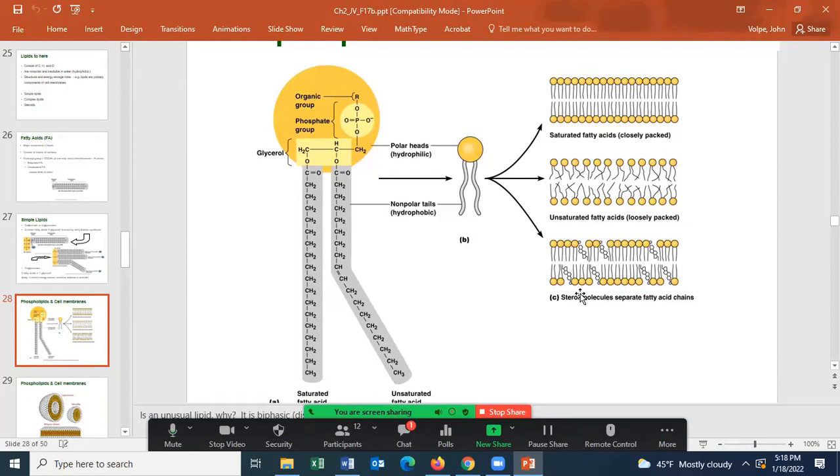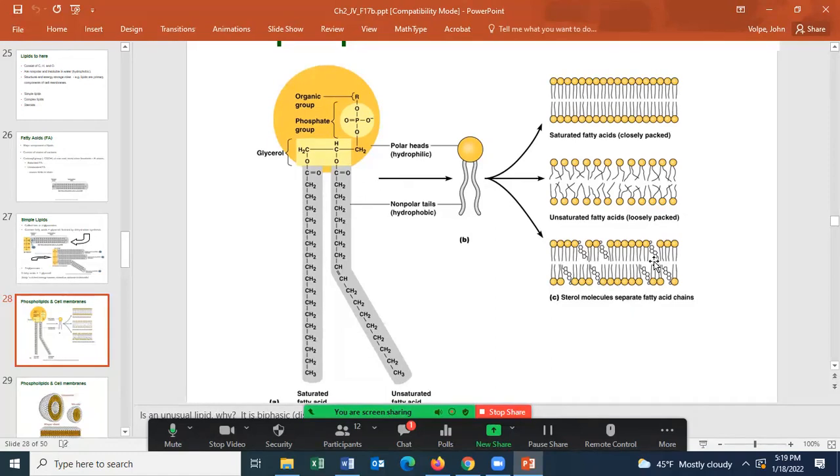And then in animals, for our cell membrane, we will see the membrane shaped like this, and inside the phospholipid molecules, there will also be cholesterol. And the sterol molecule, which is cholesterol, gives strength and support to the cell membrane. Any question about any of that? Yeah, so what does it mean for it to be biphasic?